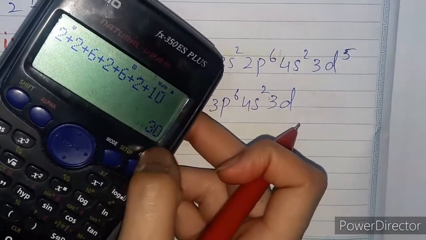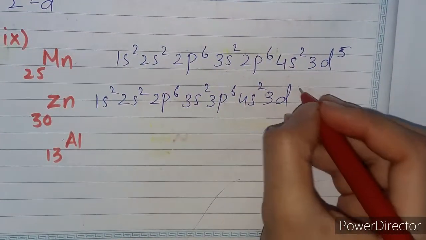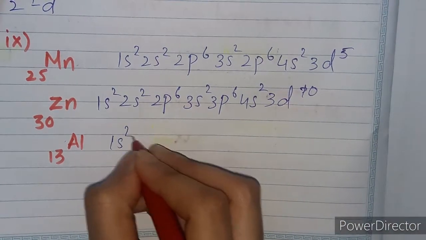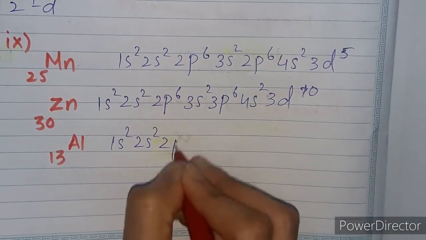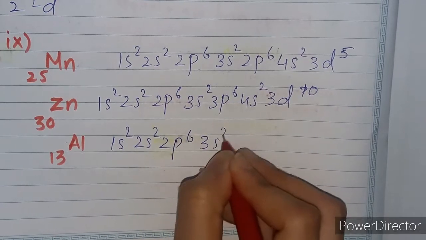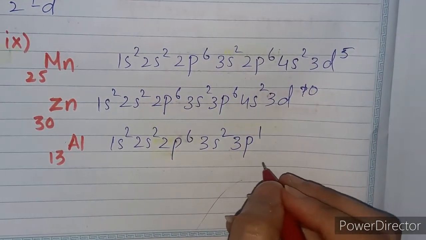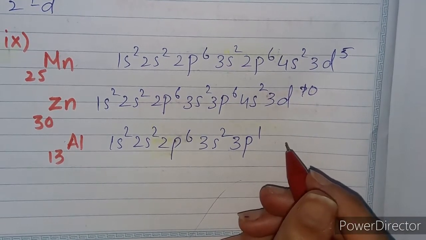By adding 10 we get 30, so here 10. Then 13: 1s2, 2s2, 2p6, 3s2, 3p1. So this is how you will write the electronic configuration.